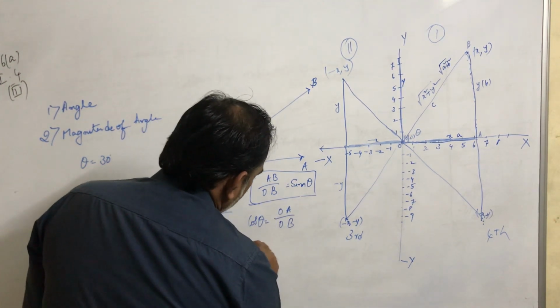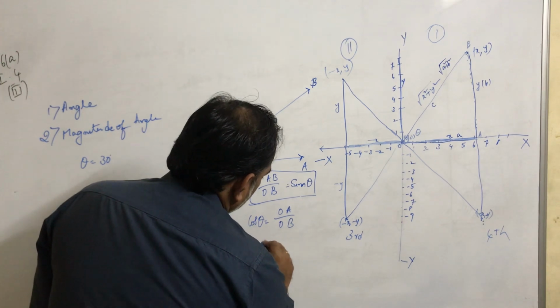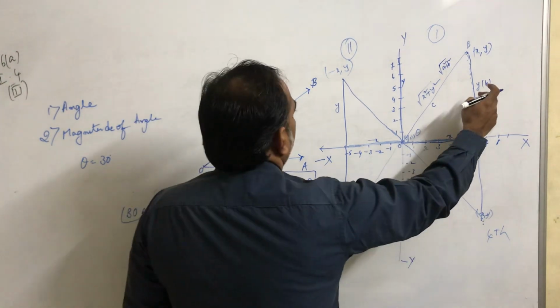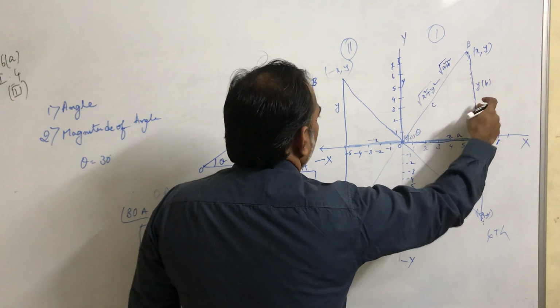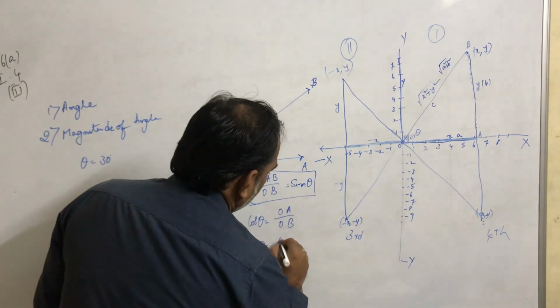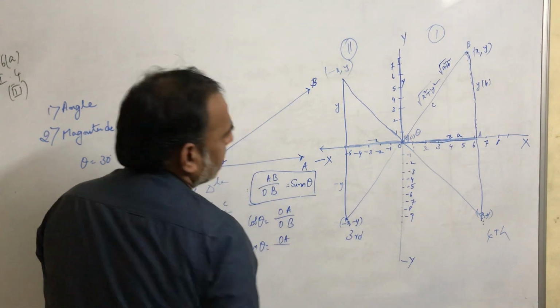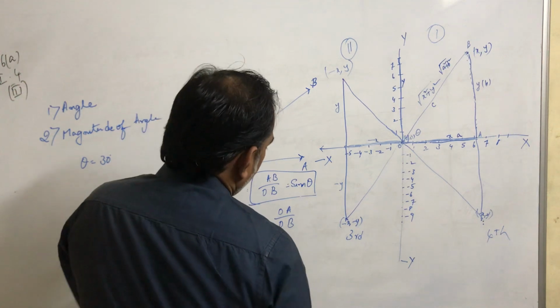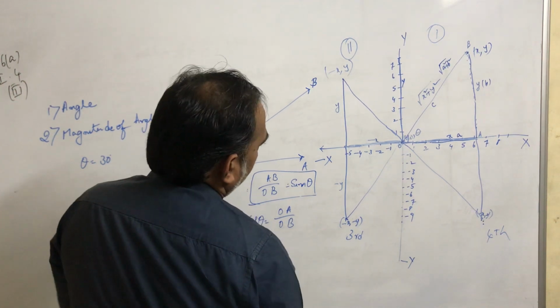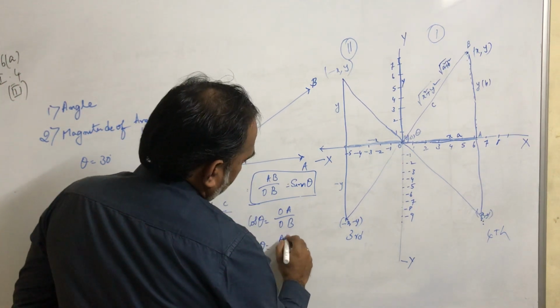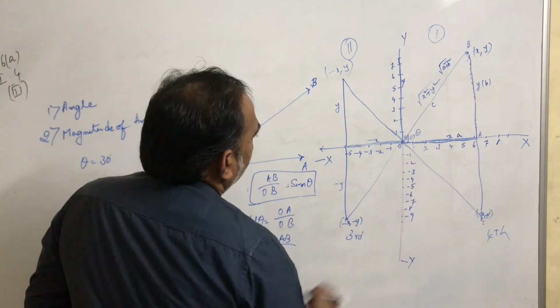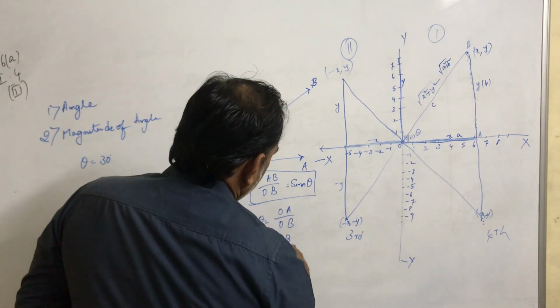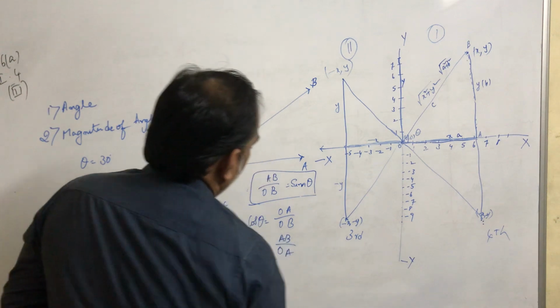Sin theta and cos theta. Tan theta is the ratio of opposite side divided by adjacent side. What is the opposite side? Opposite side is AB, divided by adjacent side. Adjacent side is OA.